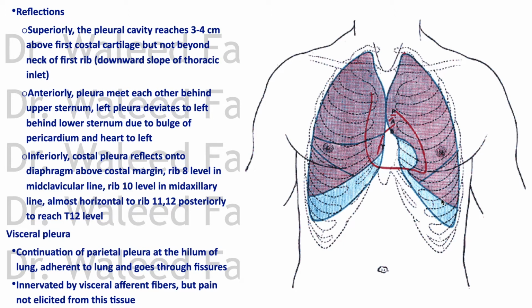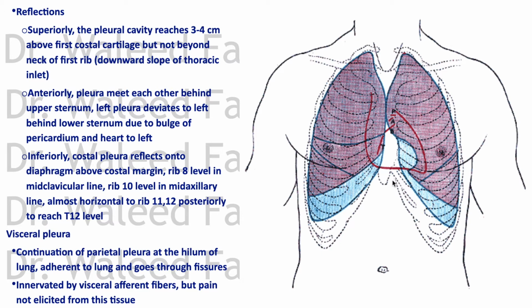Because the lung is 6, 8, 10. That's why there's a recess between the lung and the pleura. So the pleura cuts the mid-clavicular line in the 8th, mid-axillary line in the 10th, and posterior to the level of T12 thoracic vertebra.